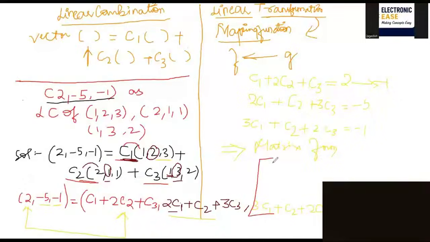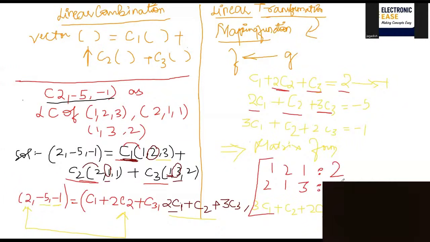It is 1. The coefficient of C2 is 2. The coefficient of C3 is 1, and the right side is 2. Next, write down this row: 2, 1, 3. And the next row: 3, 1, 2.